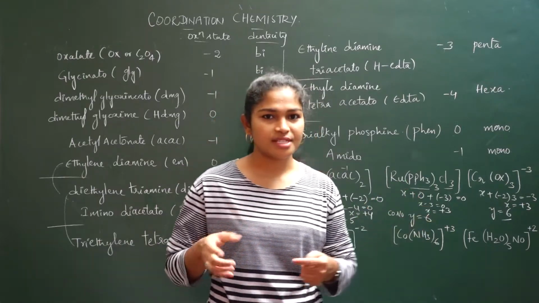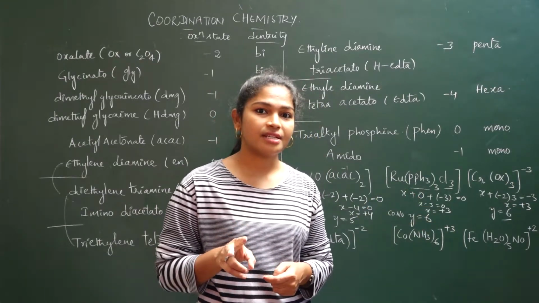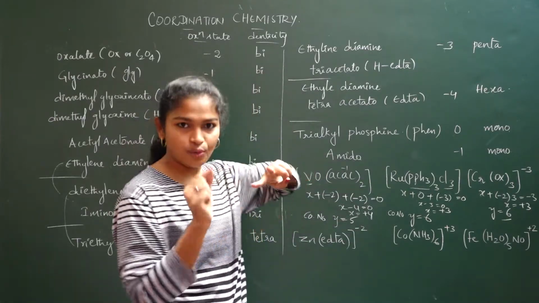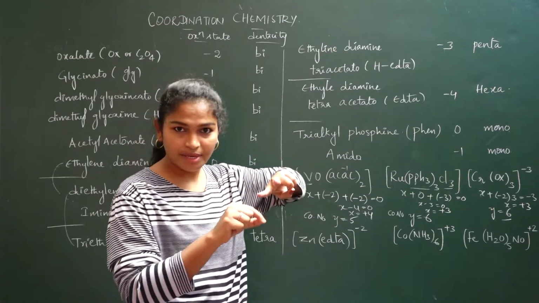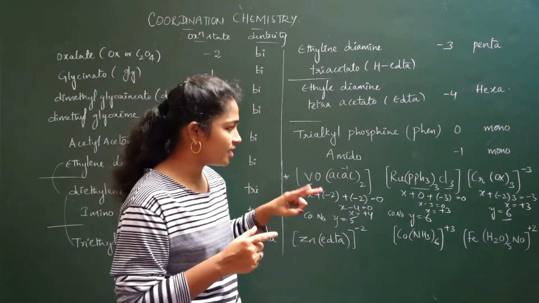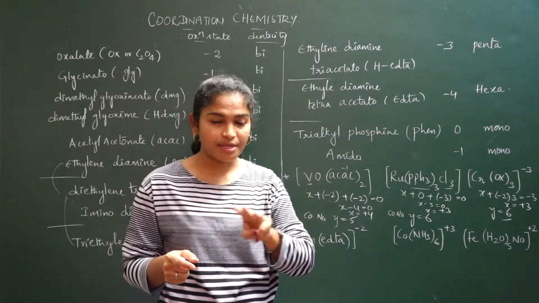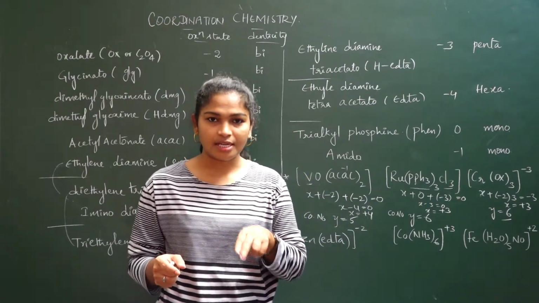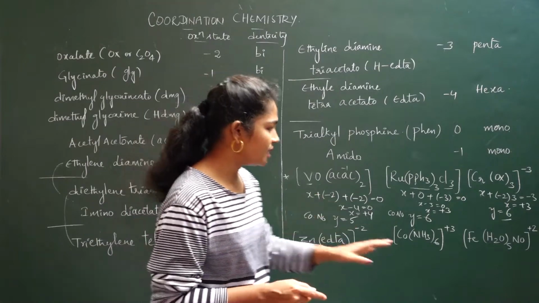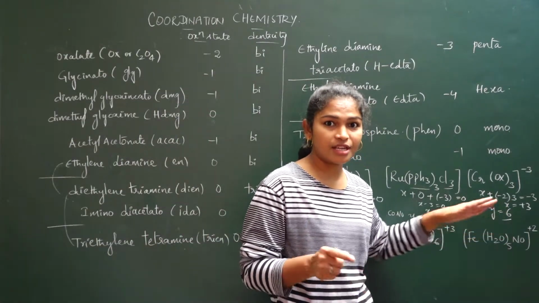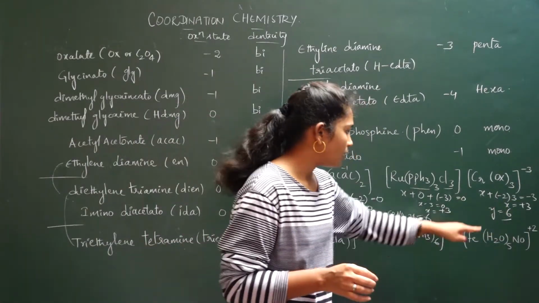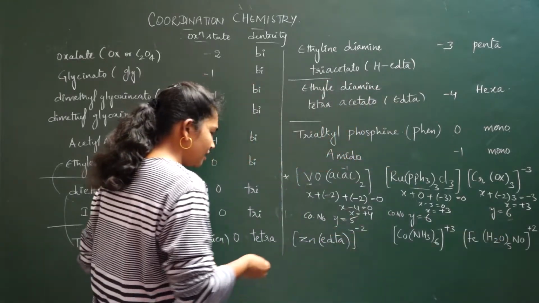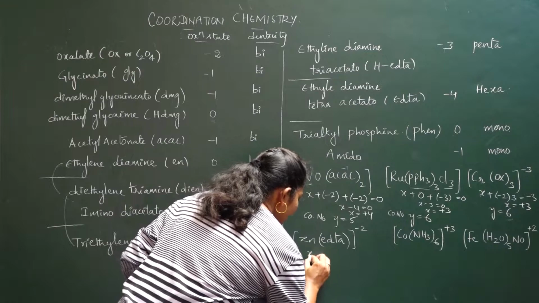One OX has 2 atoms giving electrons to the metal, and 3 such OX are there. So that means it is hexa coordination. Coordination number is 6. Okay, fast calculation.